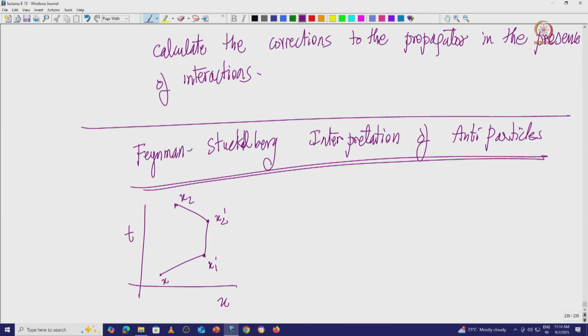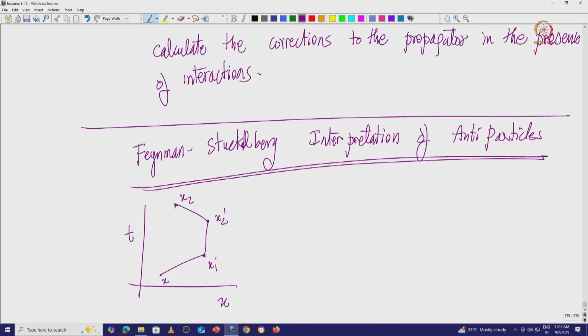The reason I am introducing this here is because we started using these space time diagrams for propagators, which we said are Green's functions. So you are traveling through space, you do not go backwards in time, you are always traveling forward in time.